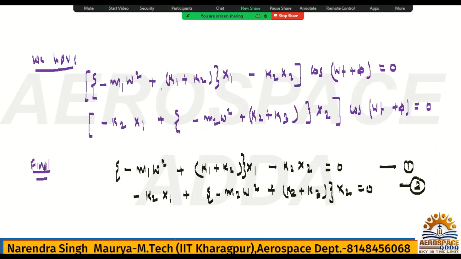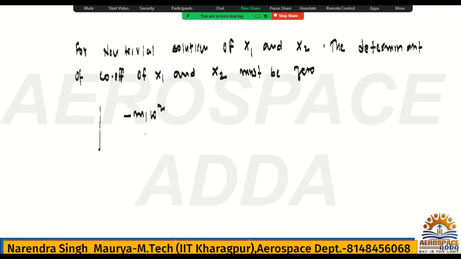Now, minus m1 omega square plus k1 plus k2, this is the coefficient of x1. And what is the other coefficient of x1 here?